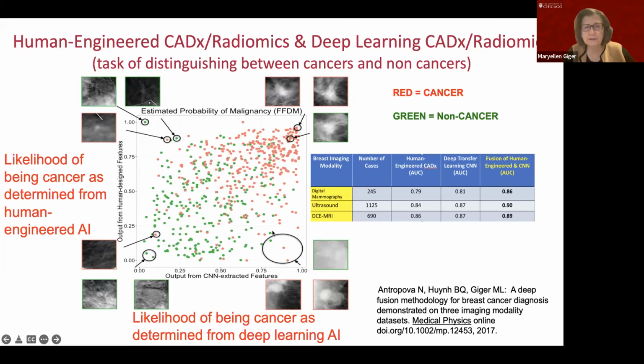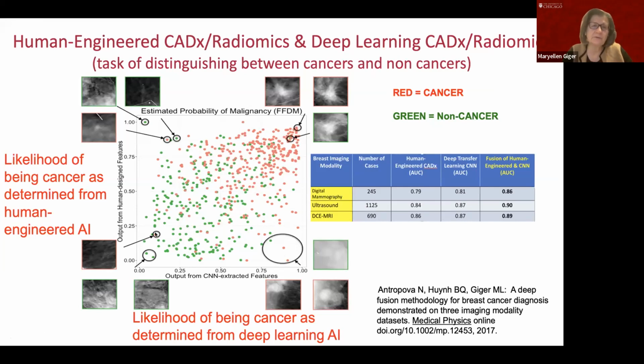Likewise, here's a green one right here, which the radiomic method, actually, we got those two called wrong by one and not by the other. But what I want to point out is sometimes the human engineered way does better than the deep learning way, and also the vice versa.